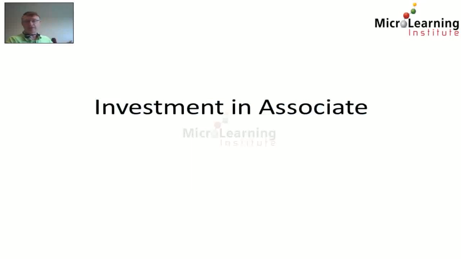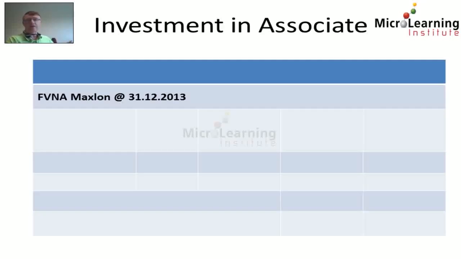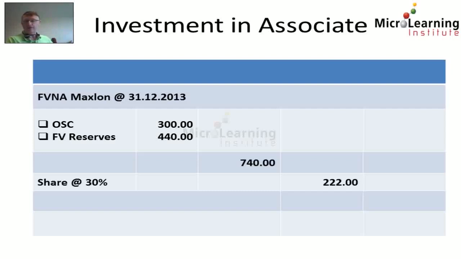Next up, we look at the investment in the associate, and again we need to look at the fair value of the net assets of Maxlon on the 31st of December 20x3. Again, that's made up of the ordinary share capital and the fair value of reserves from our updated reserves working. So that's 300 and 440, which totals 740. We, the group, have a 30% share, which equates to 222.